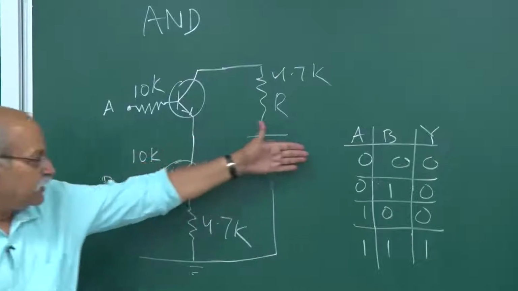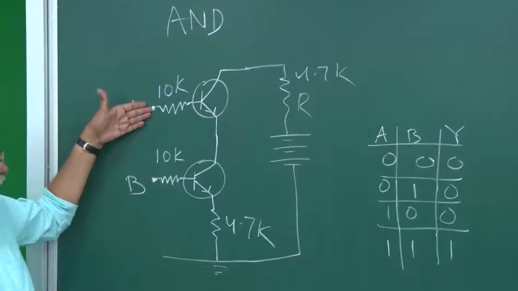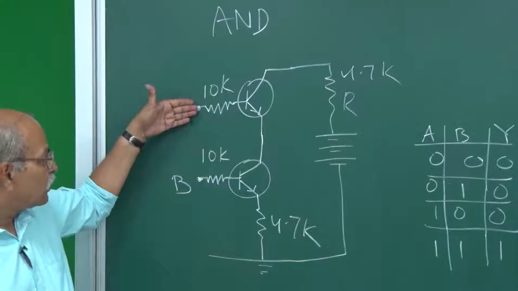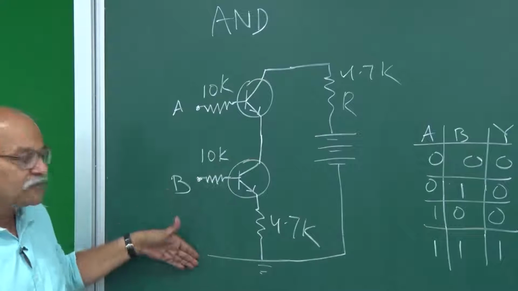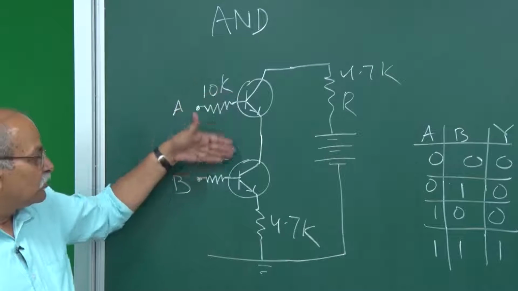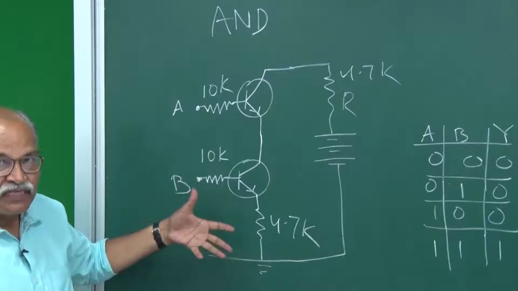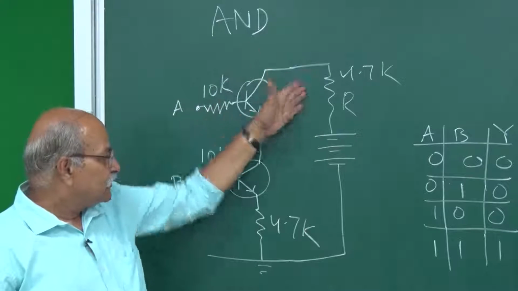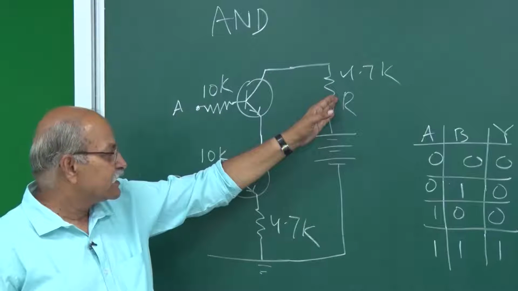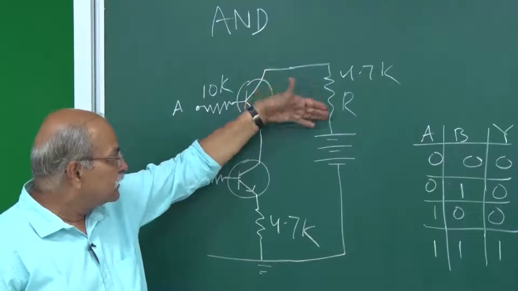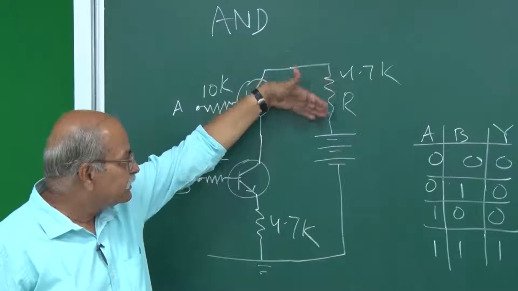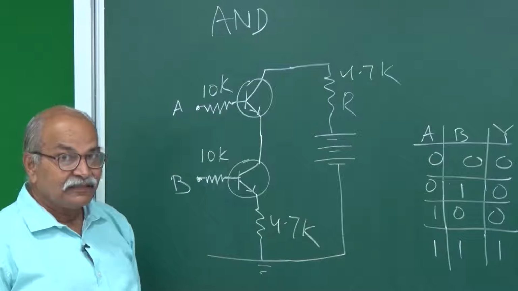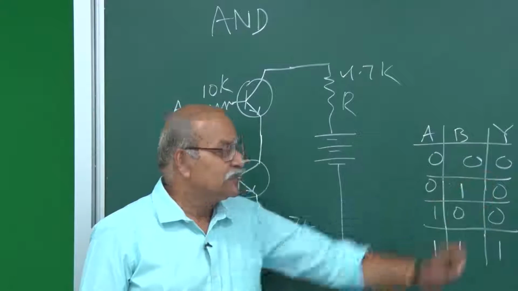So, if A is 0 and B is 0, you are not giving any biasing, you are connecting both to ground. In that case, both the transistors are in cutoff mode and therefore no current goes. And if no current goes through this collector, then no current goes through this resistance, and the potential here is the same as this potential. But I do not want that; I do not want 0 0 to give me a 1.